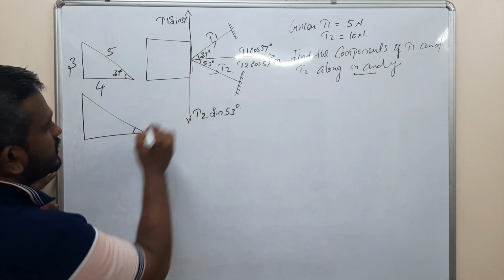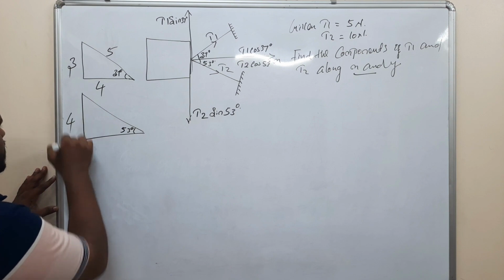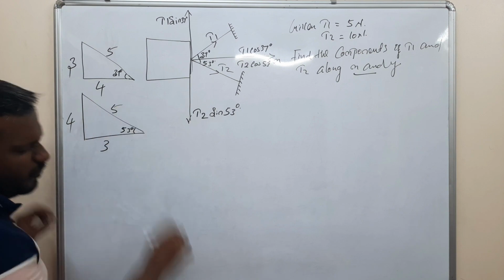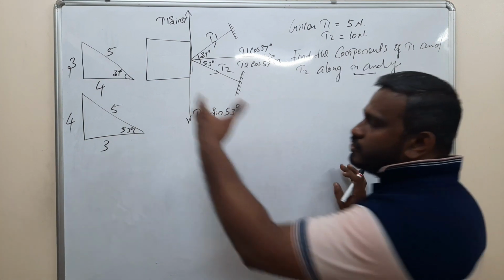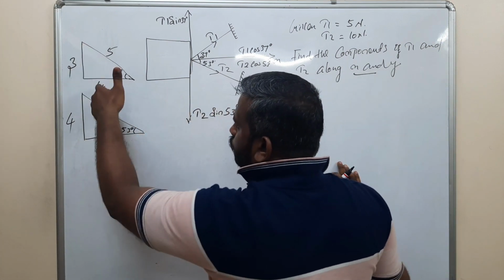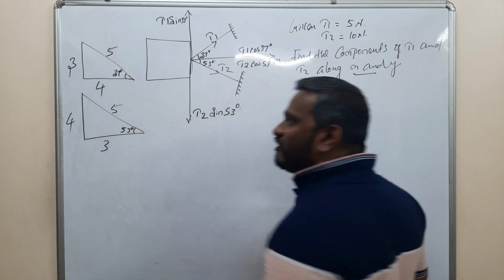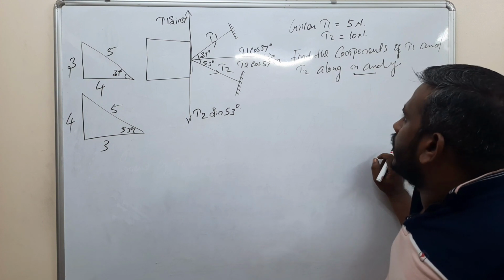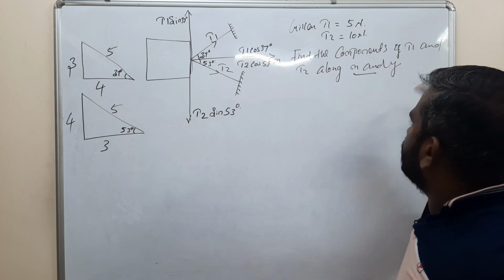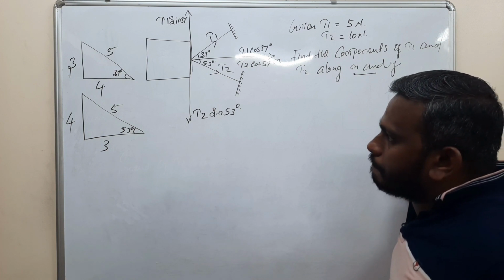So if this angle is 53 degree, what are the sides? 4, 3, 5. Don't forget. So 37 degree means 3, 4, 5. 53 degree means 4, 3, 5. Famous triangles. So what we have to find out? The components of T1 and T2 along X and Y.